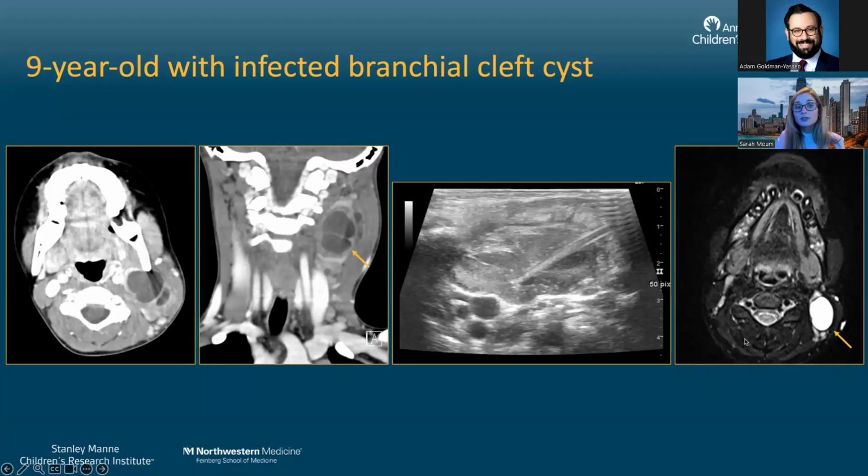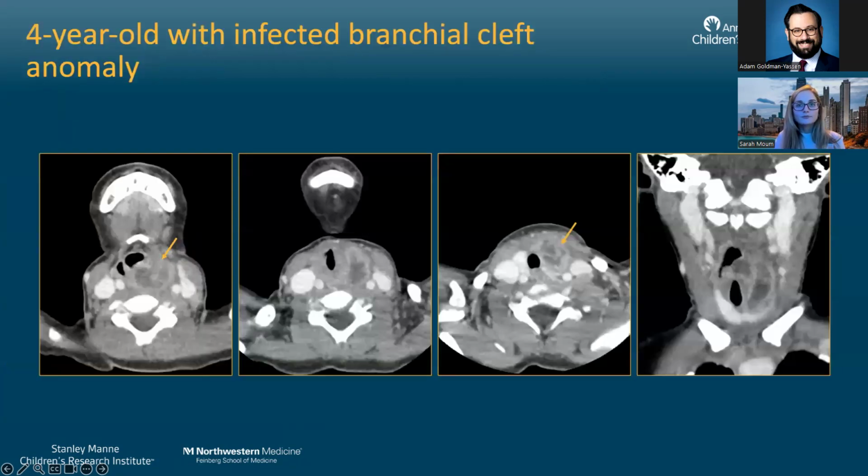So we can see this persistent branchial cleft cyst within the soft tissues, as I'm pointing out with the arrow. And branchial cleft cyst was, again, confirmed at surgical resection. So just like a branchial cleft 1 cyst, or anomaly, this needs to be completely surgically resected: the cyst, and the tract, if present, to help prevent recurrence.